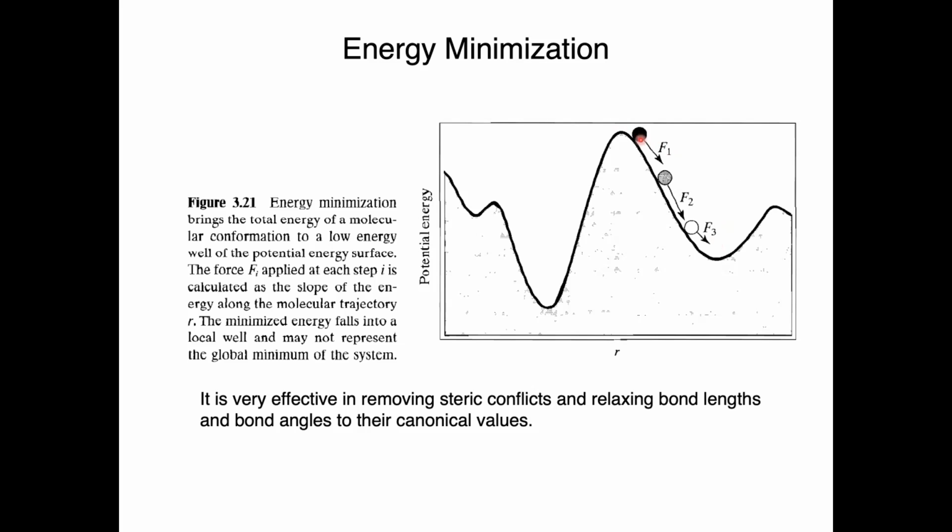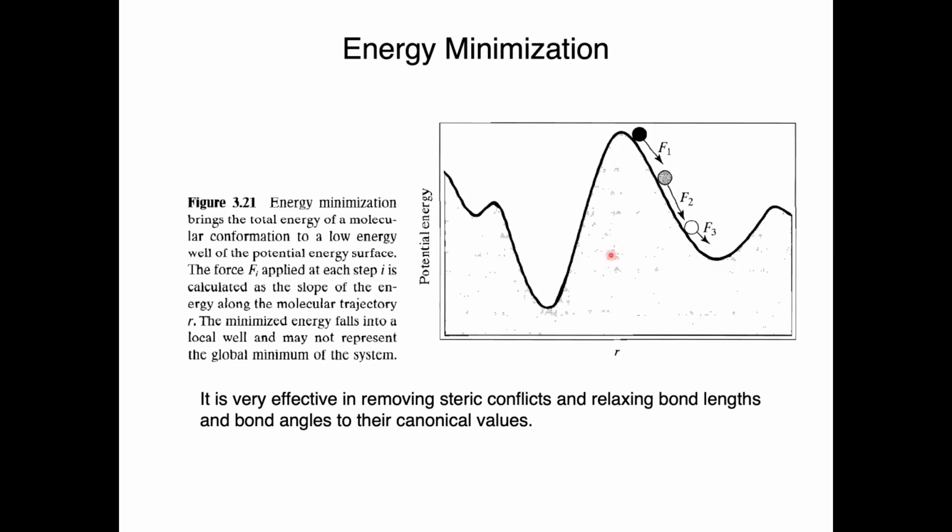Now, one of the problems with using molecular mechanics to do energy minimization can be seen in this particular image here, right? If we started at this location and we were simply following the direction where the force is decreasing, based on the steepness of the potential, you would end up at this local minimum here.